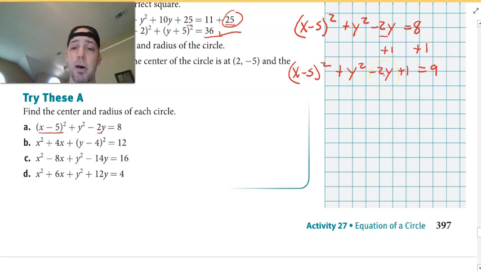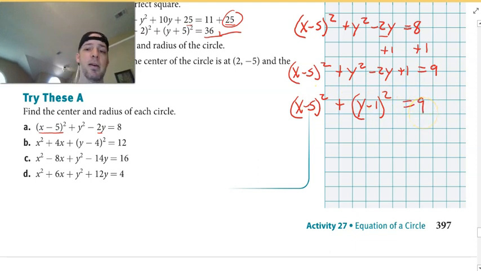So y minus 1 for each one of those. So x minus 5 squared plus y minus 1 squared equals 9. And so the center and radius are going to be: center at positive 5, 1, and the radius is going to be the square root of 9, or 3.